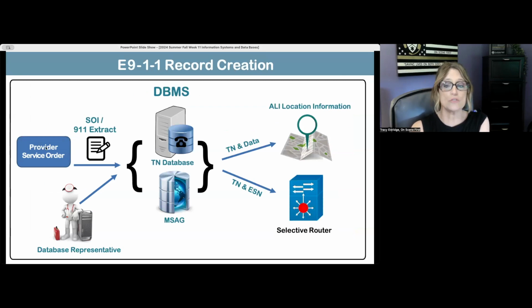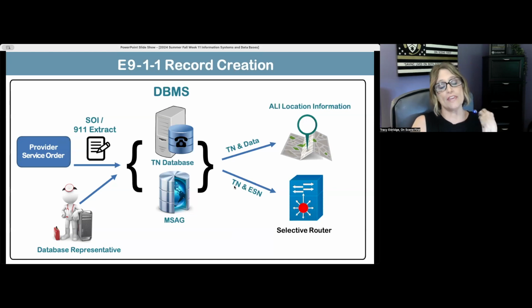So here's my service provider. Let's say this is Verizon. Verizon will use the SOI, or the 911 extract, and it will send that information to the database management systems. We have the telephone number database and we have the MSAG database. The information, the telephone number and the additional data is sent on over and becomes ALI location information.